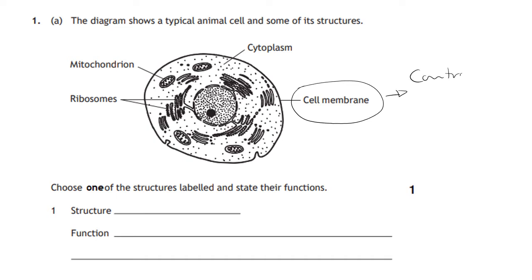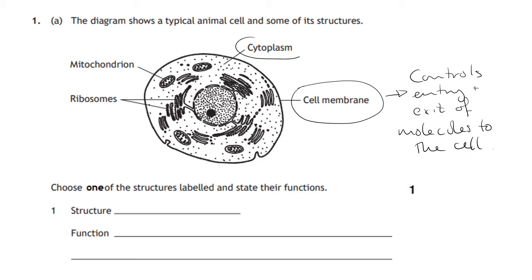It controls entry and exit of molecules to the cell. Okay, or it allows entry and exit of molecules to the cell, or it allows entry and exit of small molecules to the cell. Okay, cytoplasm, site of chemical reactions.